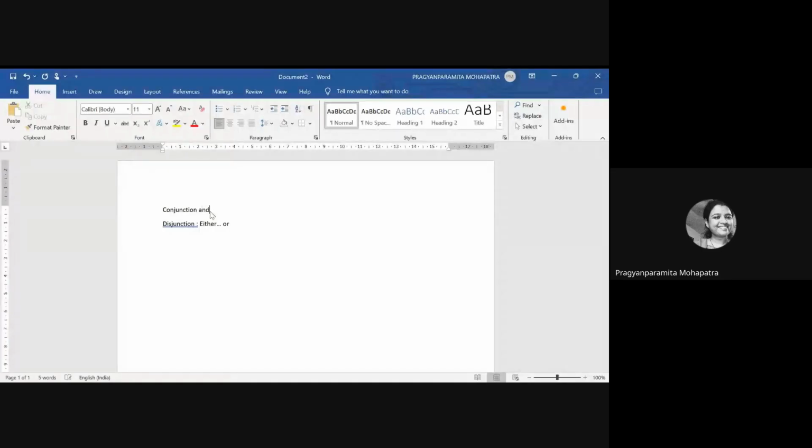So conjunction is understood as and, and disjunction is understood as either or.